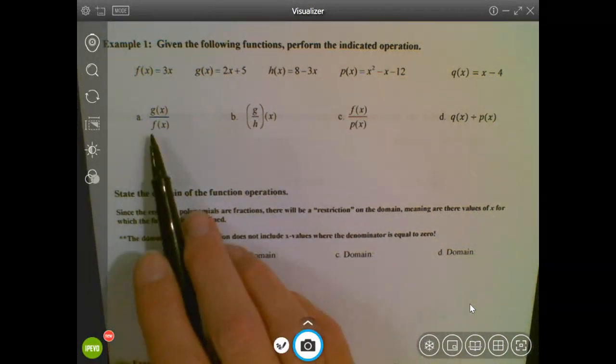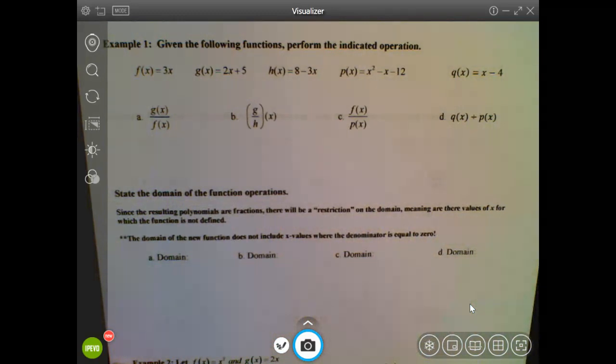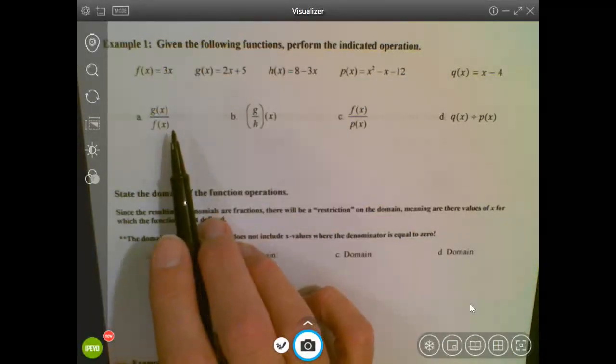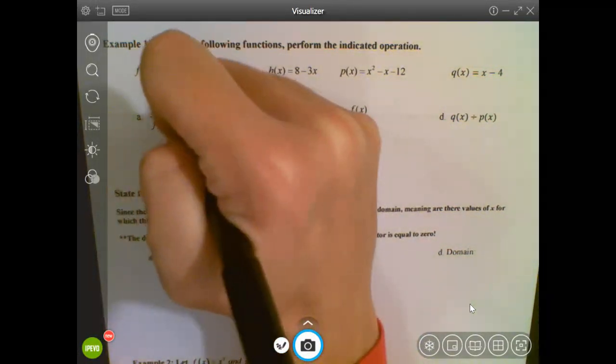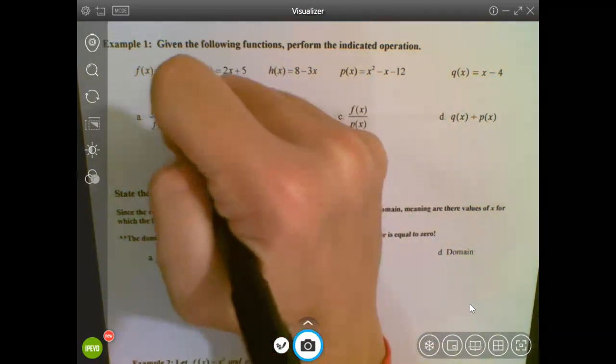So for example one, we've got a whole bunch of different functions here. And I'm going to look to see, well, what does g of x divided by f of x look like? So if I substitute in my g of x in the numerator is 2x plus 5, my f of x in the denominator would be 3x.